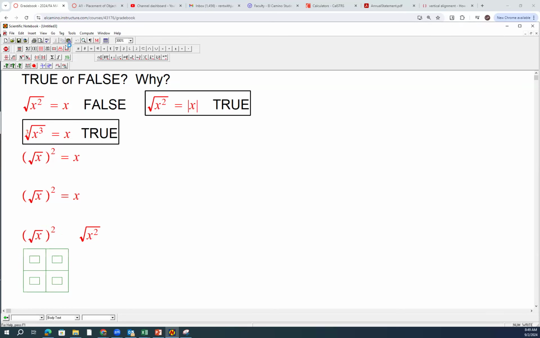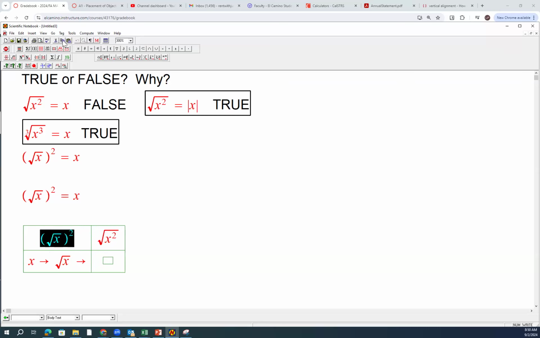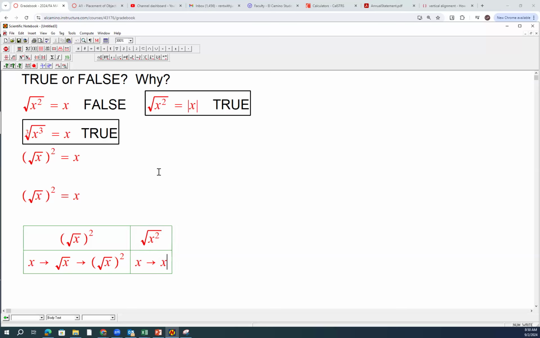Let's look at the first one. The order is that given an input, we take a square root of that input, and then after that, we square the square root. The second one, we did this earlier, is that we take the input and we do the x squared. X squared will make any real number greater than or equal to 0, and last, we take the square root of this squared number.